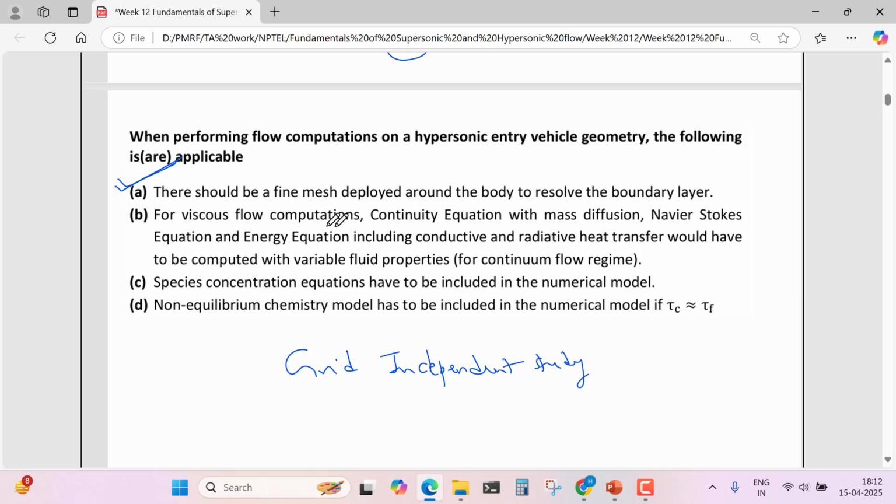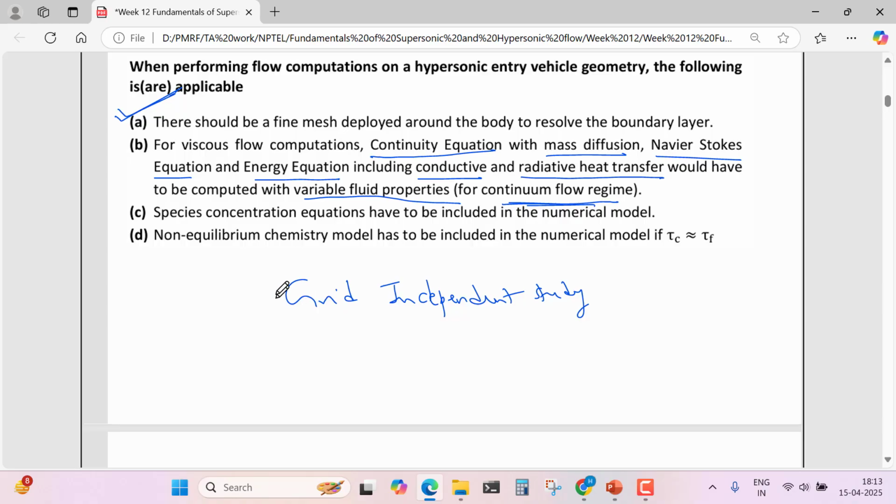Option B, for viscous flow computation, continuity equation with mass diffusion, Navier-Stokes equation, and energy equation, including conductive and radiative heat transfer, would have to be computed with variable flow properties for continuum flow regime. First, the Navier-Stokes equation works for the continuum flow regime only. For viscous computation, we need the continuity equation, momentum equation, and energy equation.